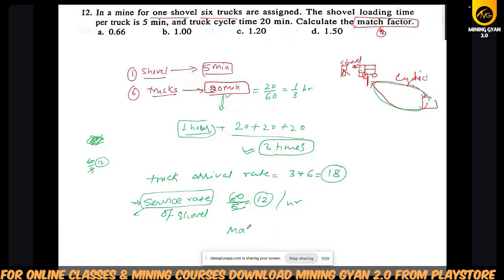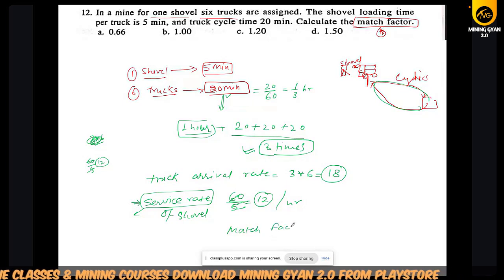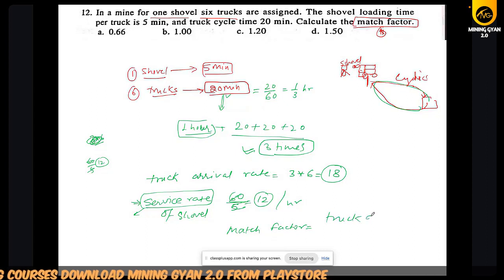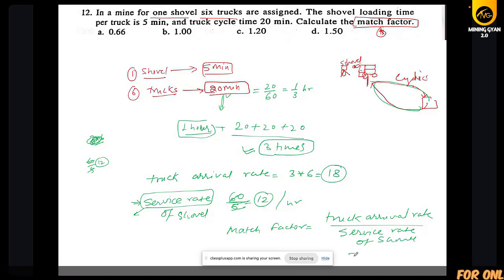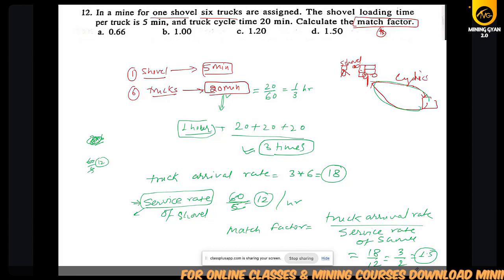So match factor will be truck arrival rate divided by service rate of the shovel. It will be 18 divided by 12, which is 1.5. So 1.5 is the answer.